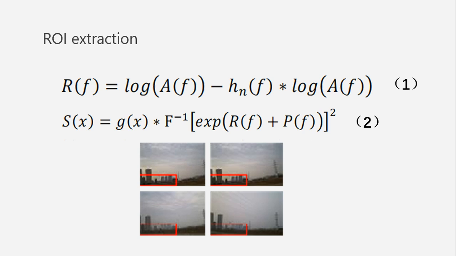Finally, the log spectrum is linearly filtered by using a spatial filter. The difference between the log spectrum and the processed amplitude spectrum is defined as the spectral residual, and it is expressed by the function at the top of this page.